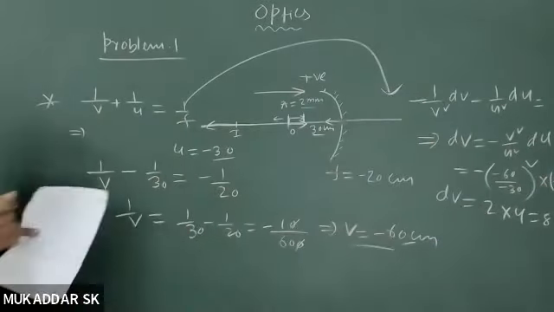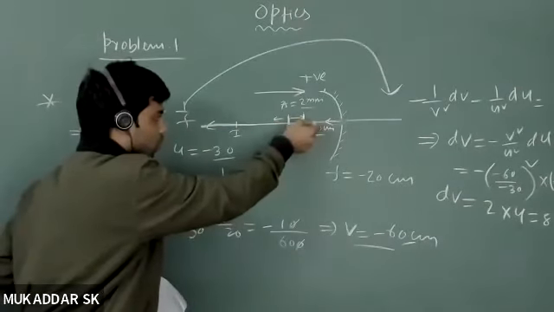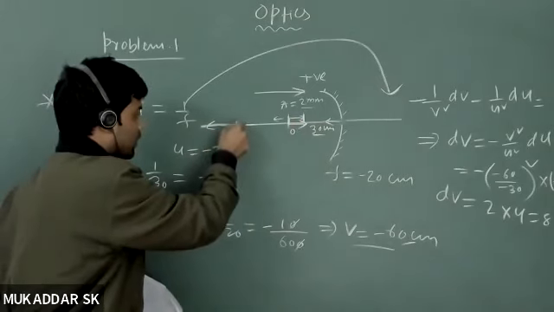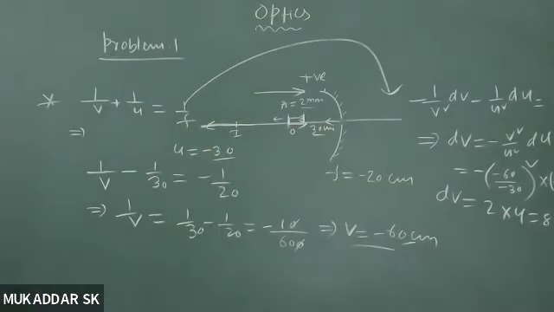So they are actually opposite in sign. When that particle is going from mean position towards mirror, your image is actually going from mean position away from the mirror. Is this clear to all what I'm saying? क्या इतना clear है? If you have doubt, please ask me.